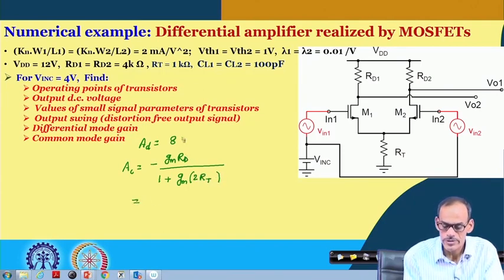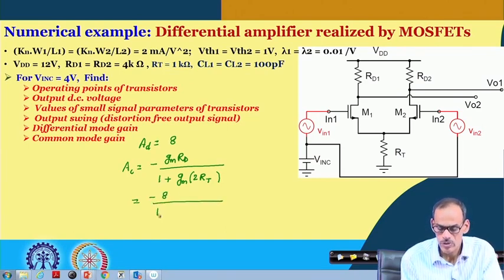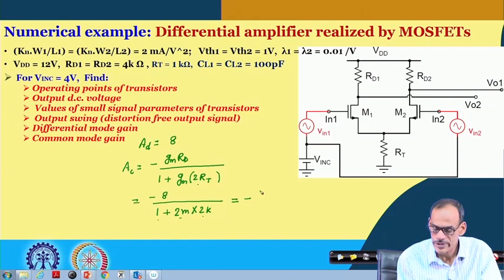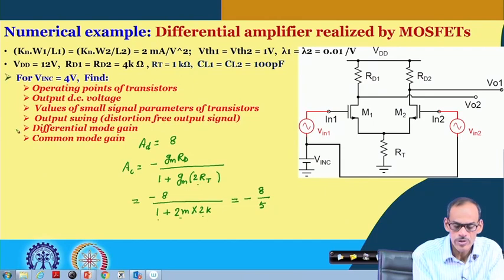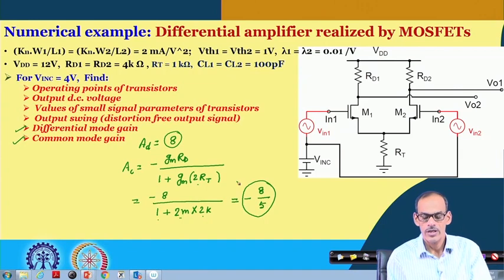So, this part we already obtained as 8, and on the other hand here we have 1 plus GM, which is 2 milli, and this is 4, 2K. So, this part is 4, this is 1. So, that gives us minus 8 by 5.